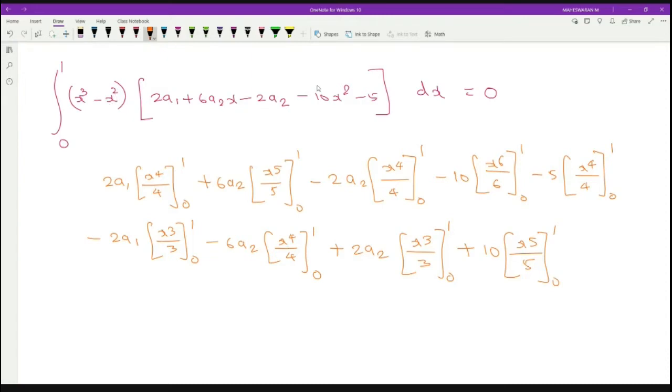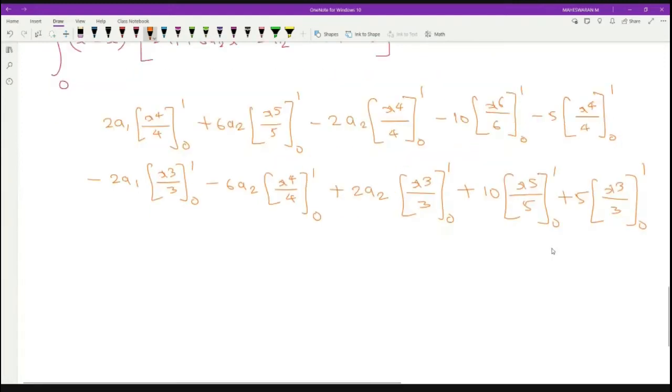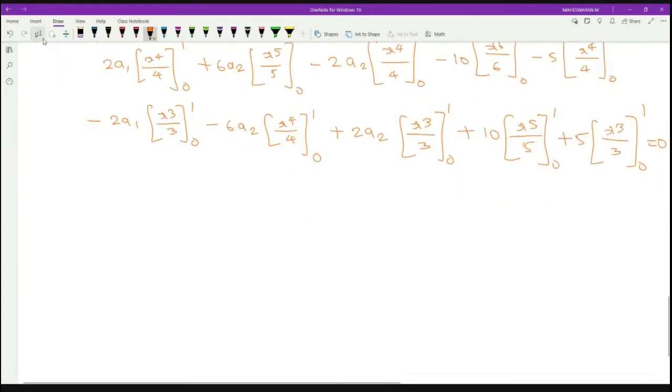Then multiply it again. So minus into minus plus 5 x square integrated, you will get x cube by 3 under the limit 0 to 1. So a step skip பண்ணியாச்சு. This is equal to 0. Right, directly I will go for what is the value here.